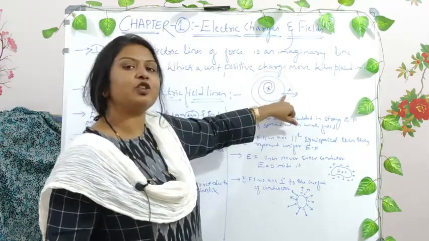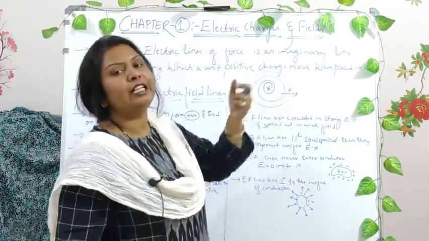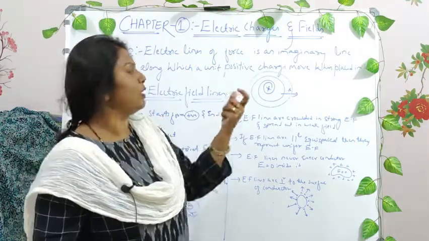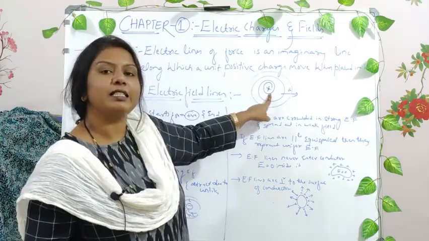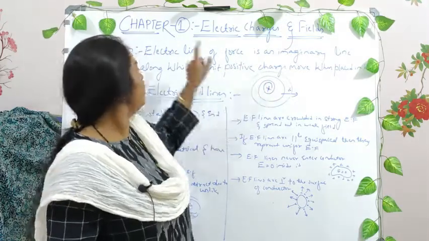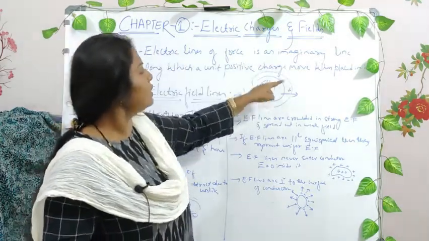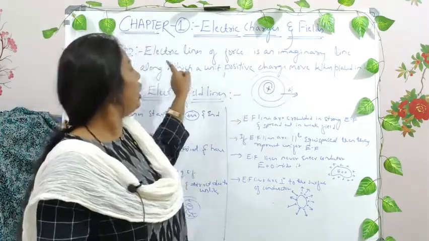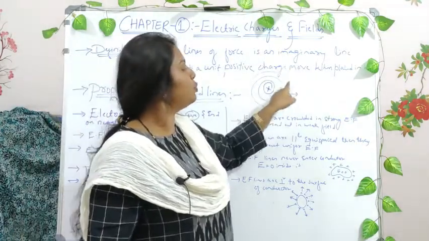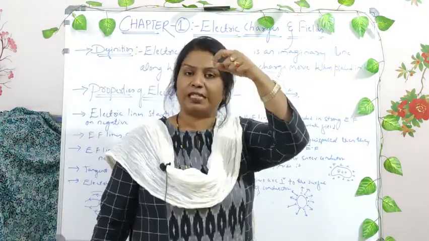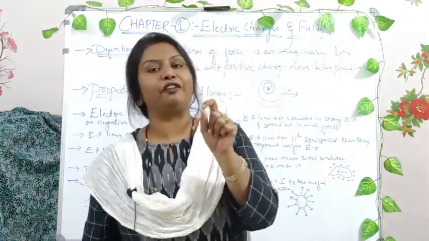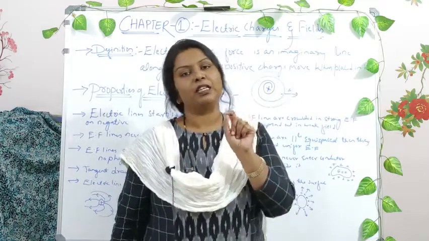This test charge is always used to determine the impact of the force, or the intensity, around this region due to a particular charge, say Q, right? And hence the electric line of force is an imaginary line along which a unit positive charge moves when placed in it. The unit positive charge starts moving in the same direction in which the electric field is. Is this clear?